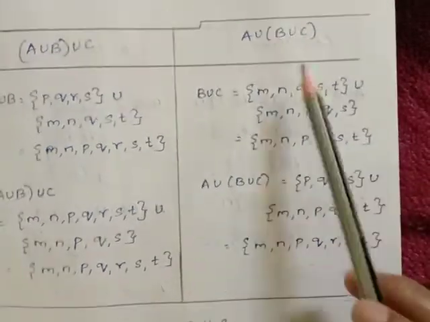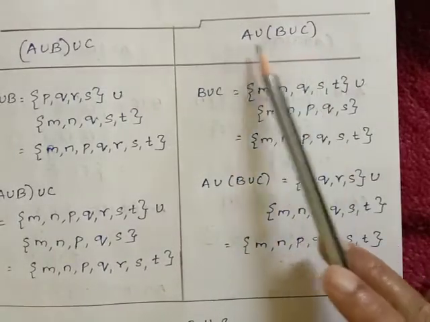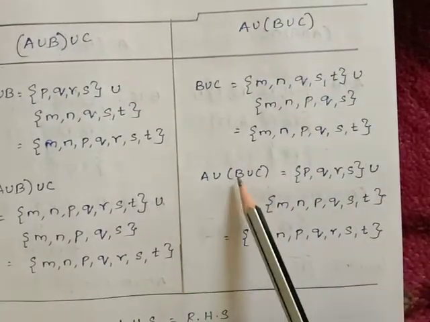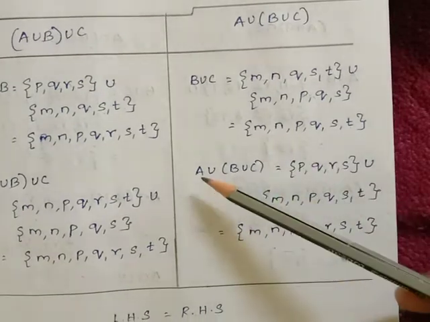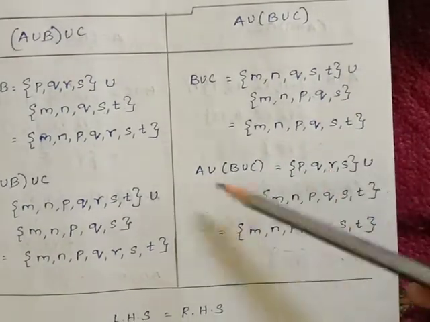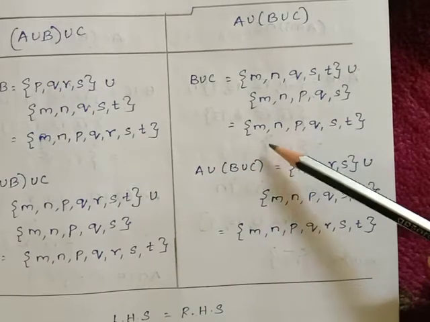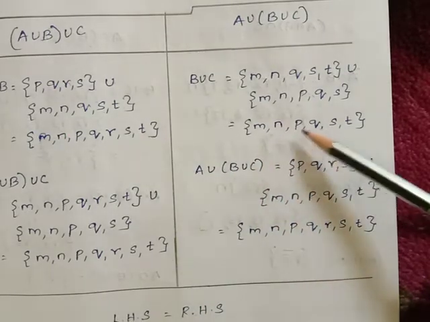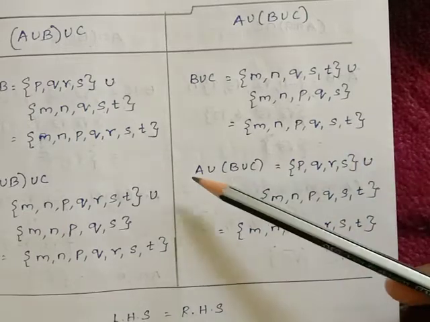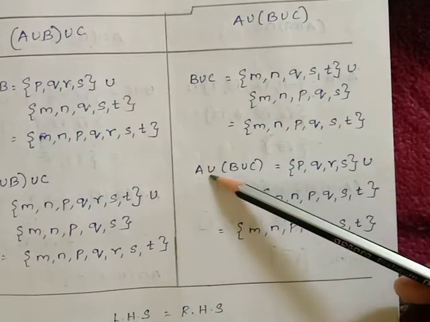Next, we'll write the whole term. First, we have solved inside the brackets. Now, we'll write the whole term, A union (B union C) is equal to. Since A is given first, we write the value of A, union, the value of B union C that we just found above: M, N, P, Q, S, T. The relationship between them is union.